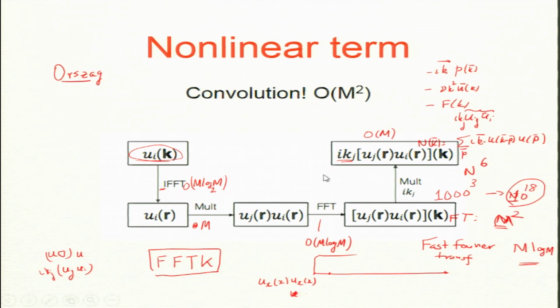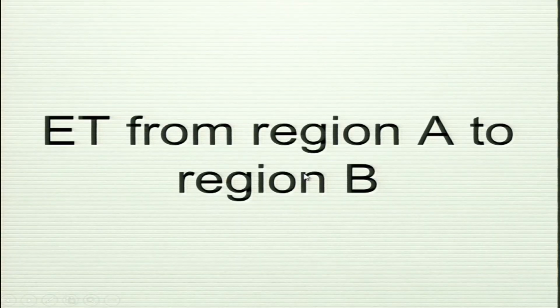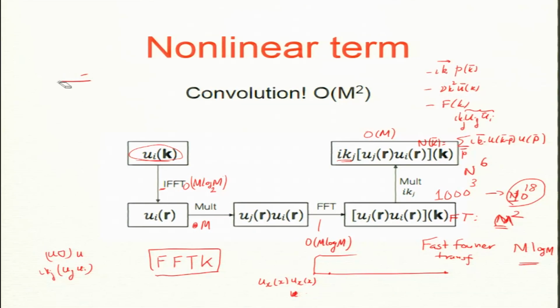Now, once you are done with the nonlinear term, you are all set. I am not doing all the details, but the Euler scheme will be just straightforward. We have d by dt of the velocity field, everything on the right hand side including the viscous term, and given the initial velocity I can get u k at t plus delta t as u k at t plus RHS times delta t.